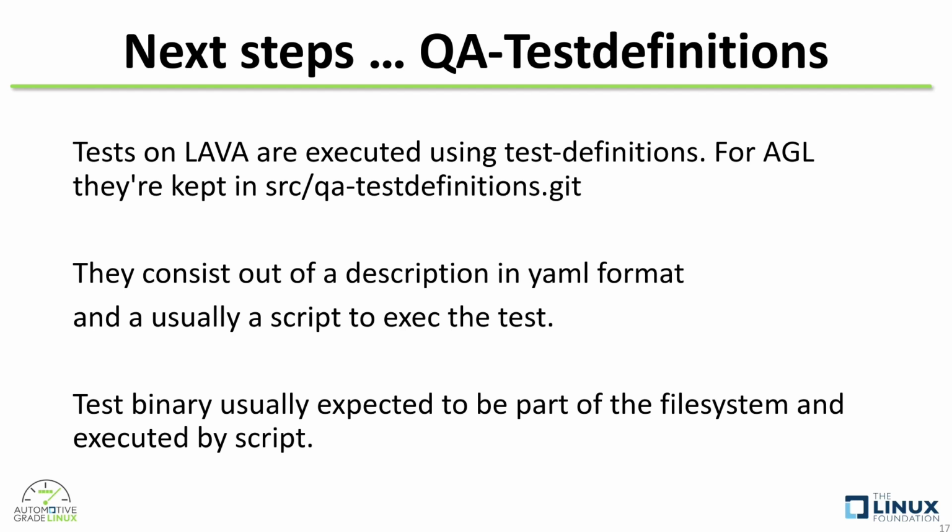Yes, there are other paradigms, other test systems that bring the test and what's needed to the target, so basically we do not need a preconditioned file system. That's one approach, and it can be done with Lava as well. In our case, in AGL, we just ship what we want to run as well.